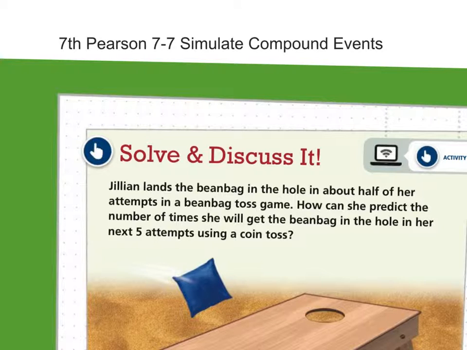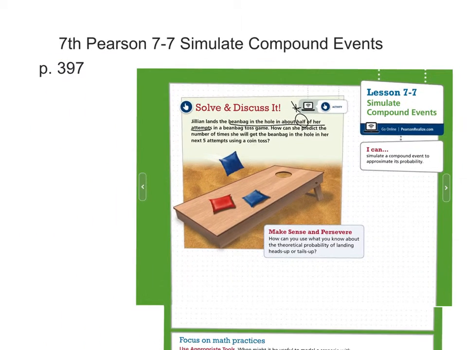The reason we're using a coin toss is because she gets the beanbag in the hole about half of the attempts. In flipping a coin, we have 2 options. If she's getting it in the hole half of the time and not half the time, that's going to simulate that happening.